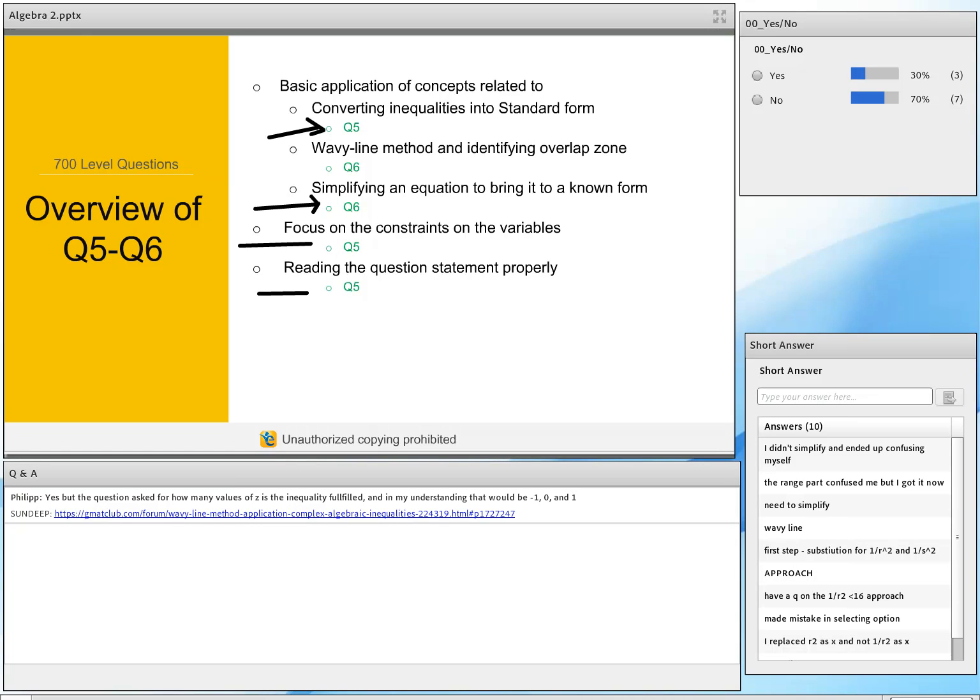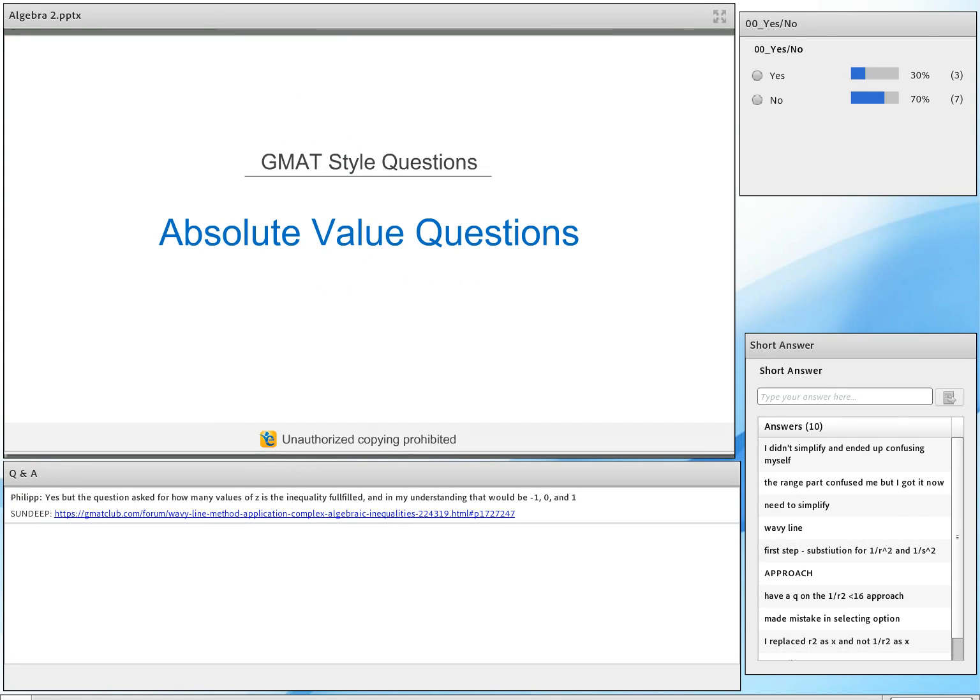Now we're going to come to some DS questions, and we're going to be solving two DS questions here. Both are based on absolute value. First of all, tell me, how many of you are comfortable solving data sufficiency questions?